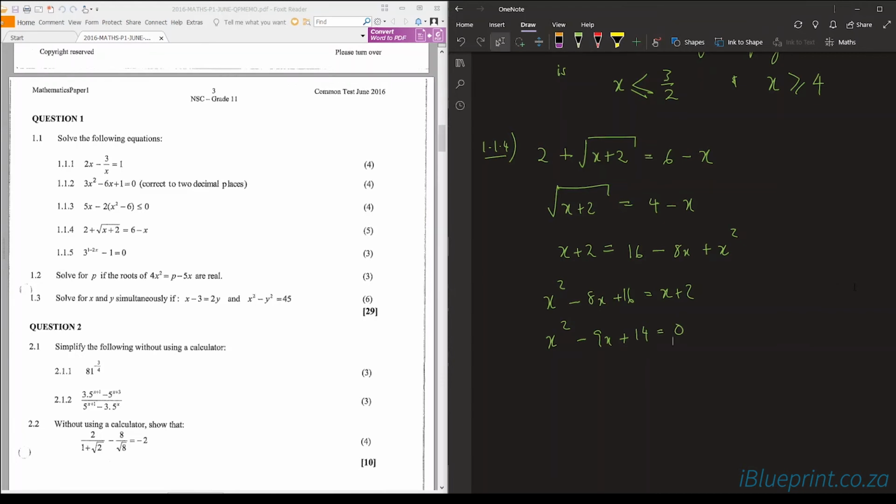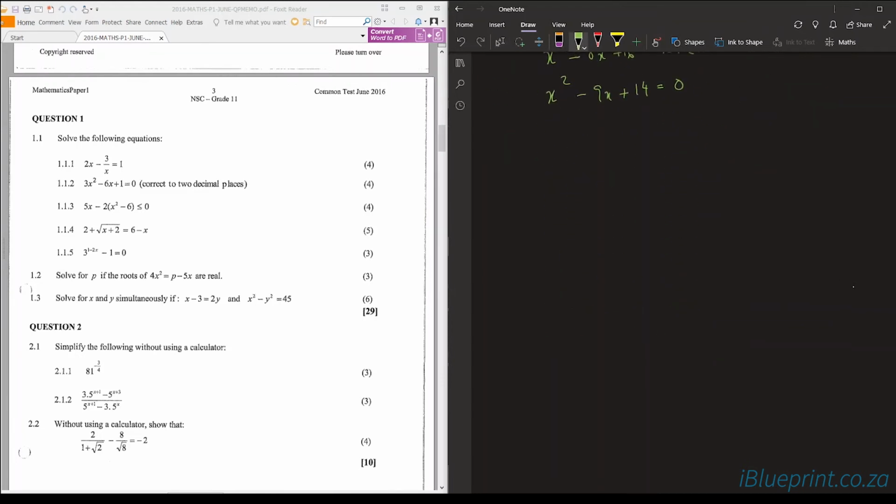And then looking for two numbers whose product is 14 and whose sum is 9. The two numbers we know will be 7 and 2, because 7 times 2 gives you 14 and 7 plus 2 gives you 9. But because this is a negative, to get the middle term we need minus 7x and minus 2x.